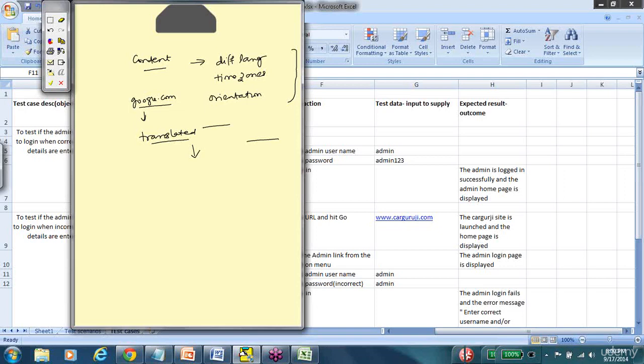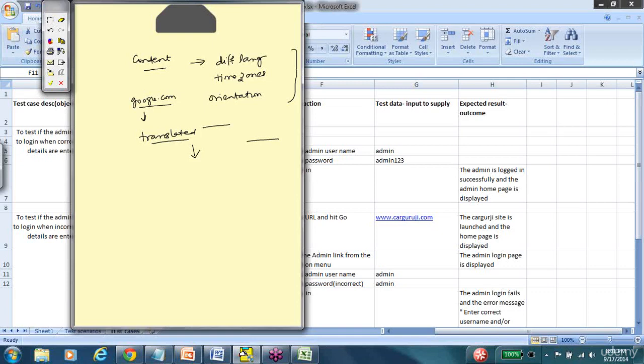A few challenges in localization and globalization testing are that the orientation of the text is a problem, and the page might get garbled. The correct translation is a problem. Time zones, the exact time being displayed, is a problem. If you just go to google.com and try to view the page in Hindi, that's where you are doing globalization testing.